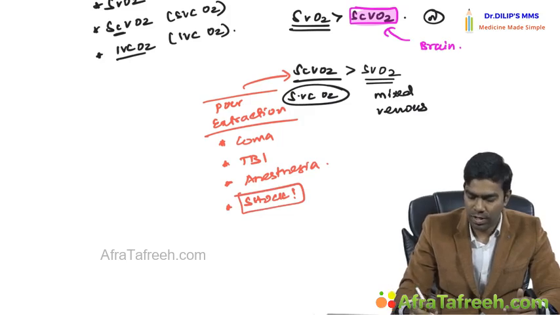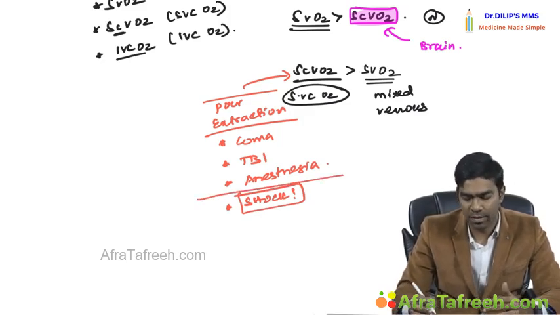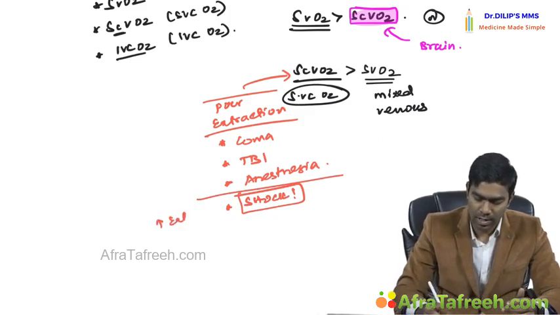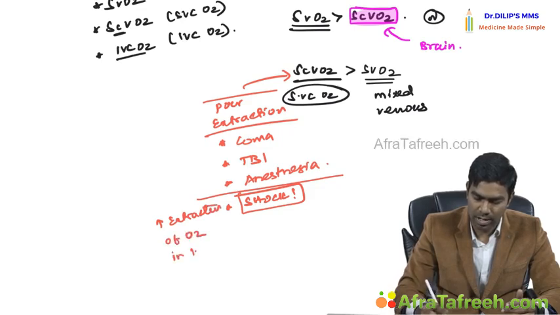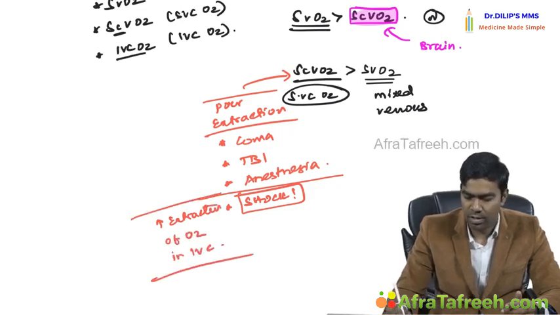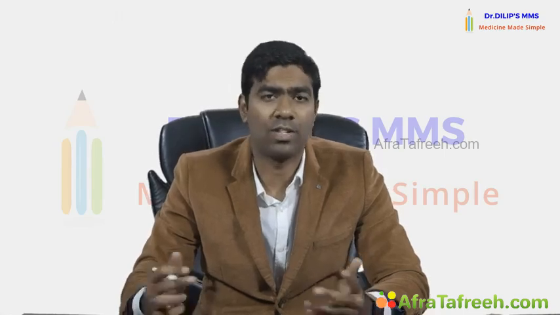Clear? So in shock, the mechanism is a little bit different. It's not due to poor extraction in the brain, it is due to increased extraction of oxygen in the IVC. That is because of splanchnic vasoconstriction, where there will be diversion of blood away from the splanchnic circulation. How can you tell that?